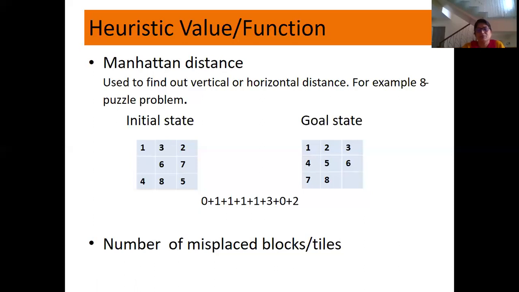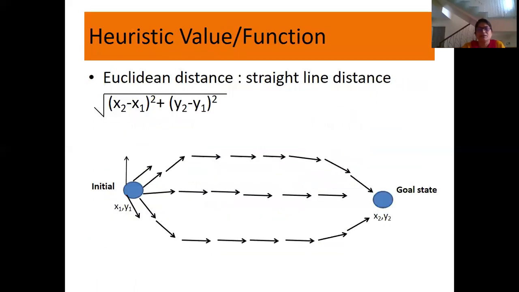Now, if you look at this Euclidean distance again, if I use Euclidean distance, I'll not be exploring all the paths. I'll be exploring only this single straight line path to reach my goal state. So here my execution time is decreasing. And if I'm exploring each and every path, where some may lead and some may not lead to the goal state, it will be exponential.